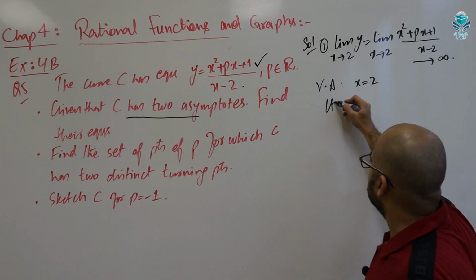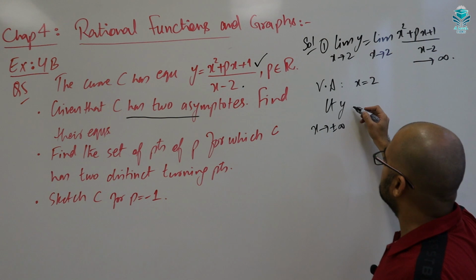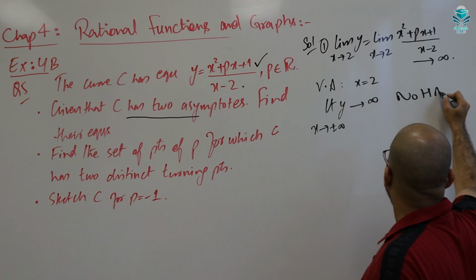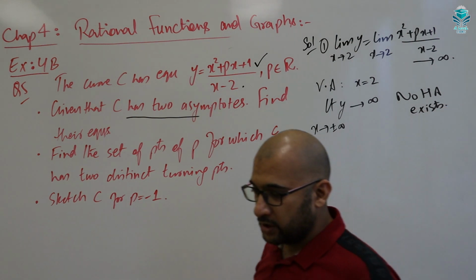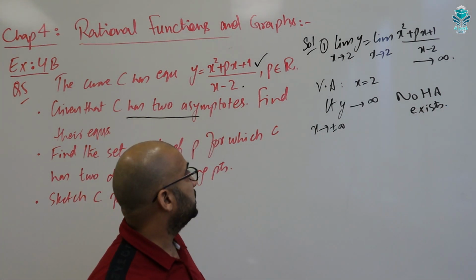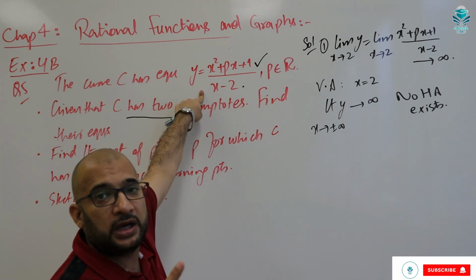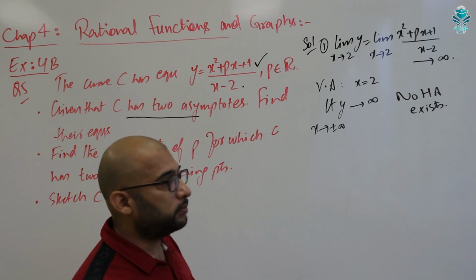When you take the limit at plus/minus infinity, the function approaches infinity, which means no horizontal asymptote exists. In my previous lecture I explained that when we have an improper function, it has an oblique asymptote. So now we try to find the equation of the oblique asymptote.